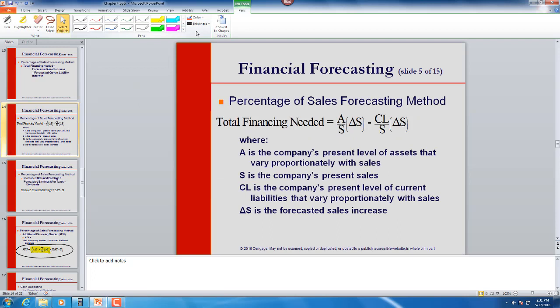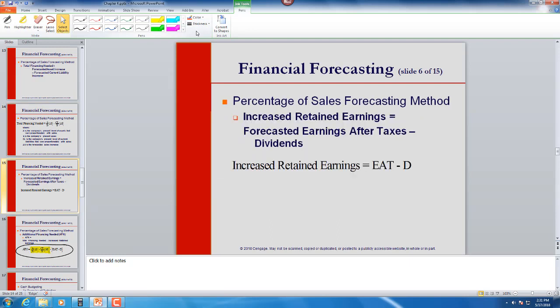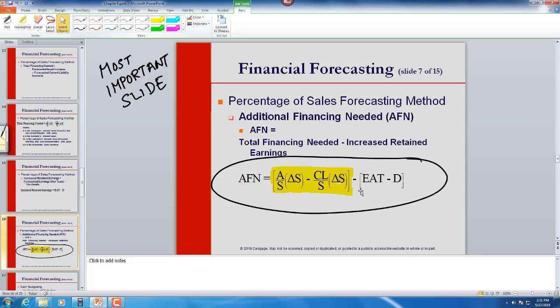See this? This is what I was talking about. That is total financing needed. From that, you need to deduct increased retained earnings. Total financing needed minus increased retained earnings, which is this part that I'm highlighting.